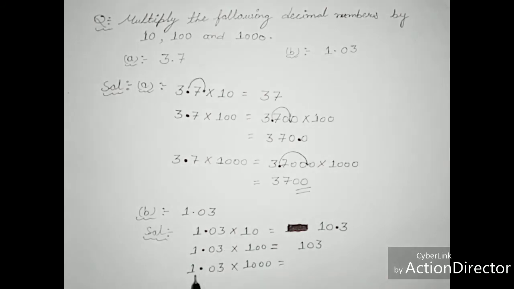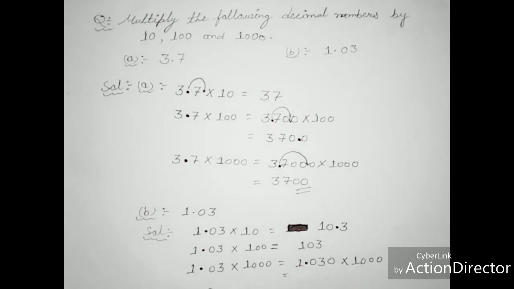Here 1.03 multiplied by 1000. So here the decimal shifts three digits from here to here. So we add 1 zero, 1.030, and multiply by 1000.